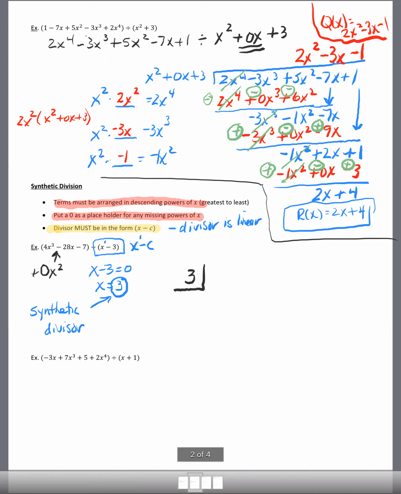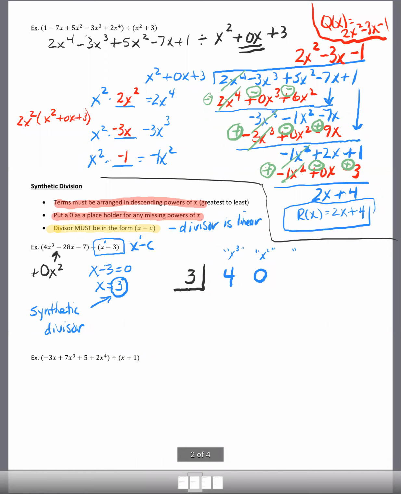And my dividend starts off as 4x cubed, so this is going to be the 4 that represents x cubed. The x squared column doesn't have a value in the polynomial, so I have to put a 0 as a placeholder. This is the x cubed column. This is the x squared column.